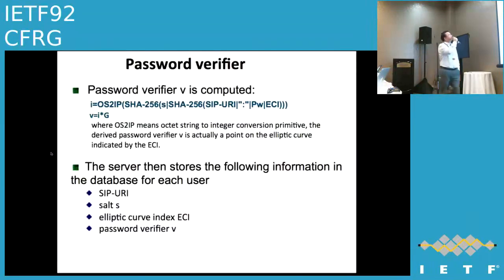This hash value is used as a password private key to compute a point on the elliptic curve. After that, the server stores the following information in the database for each user: SIP URI, salt S, init curve, index, password, and verifier.